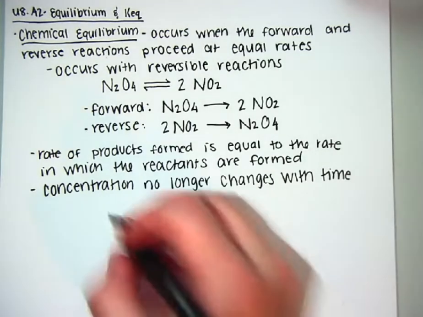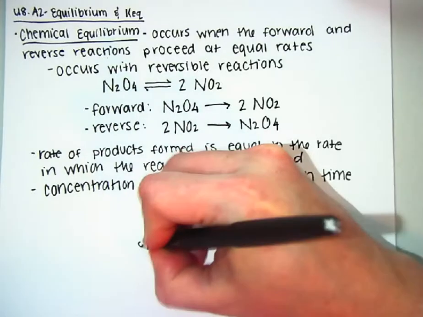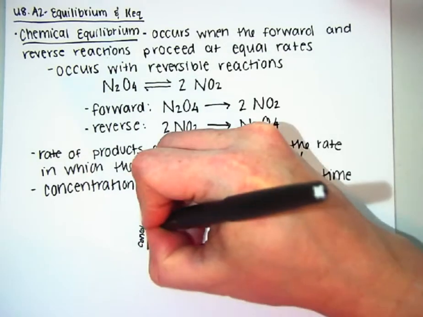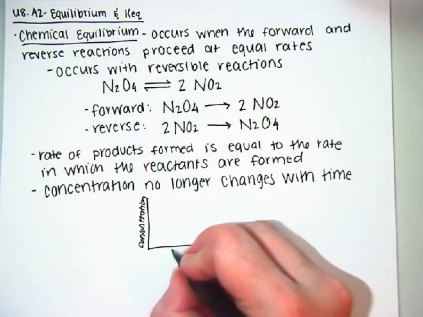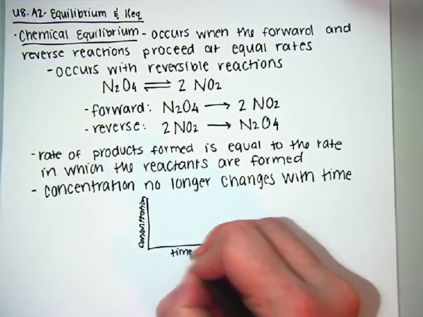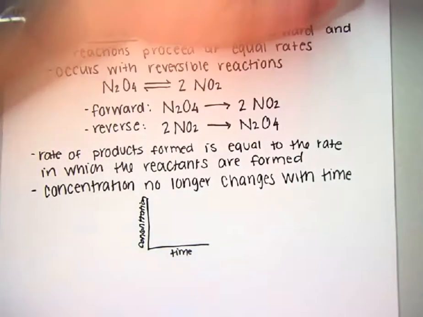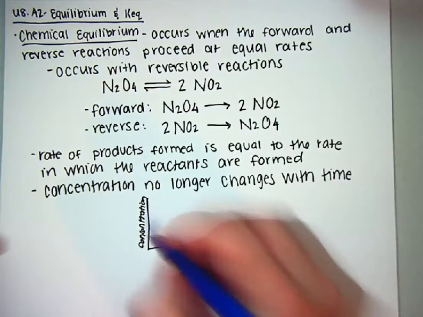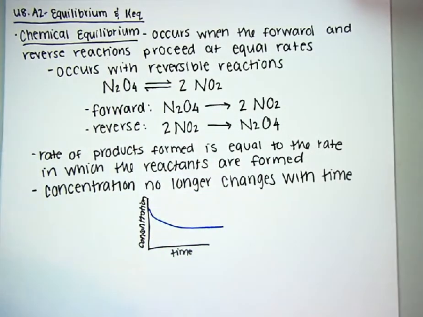So in a previous lecture, we looked at a graph of concentration versus time. I called this our fish graph. So we know that the concentration of the reactants are going to decrease over time.